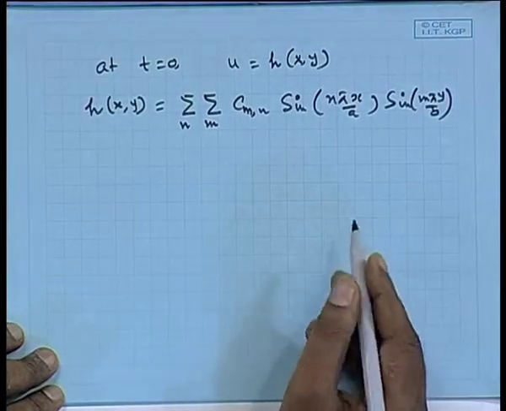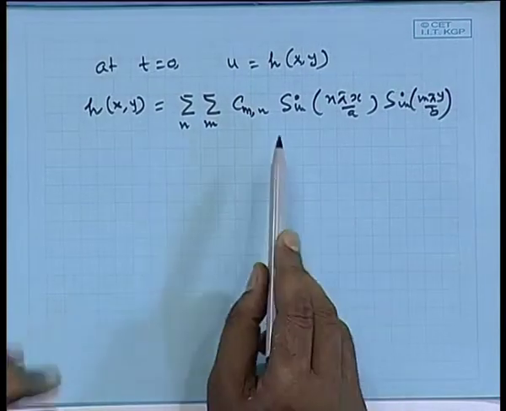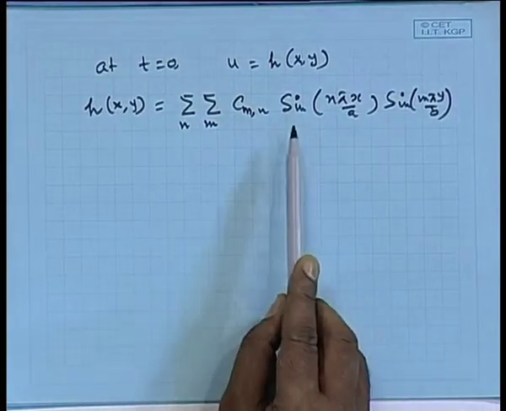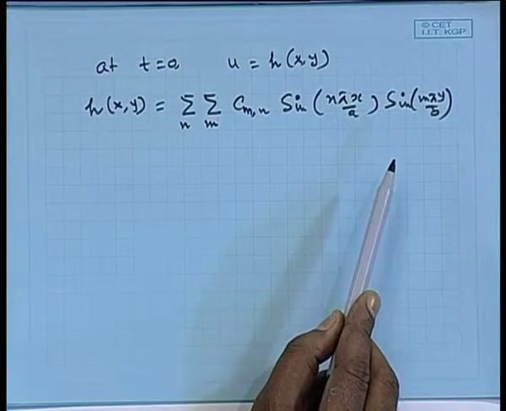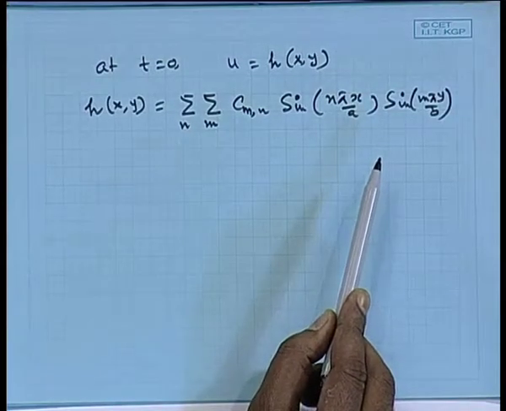Now, how to evaluate this? You have to multiply both sides by sin m pi x by a, sin n pi y by b, dx dy, a double integral.